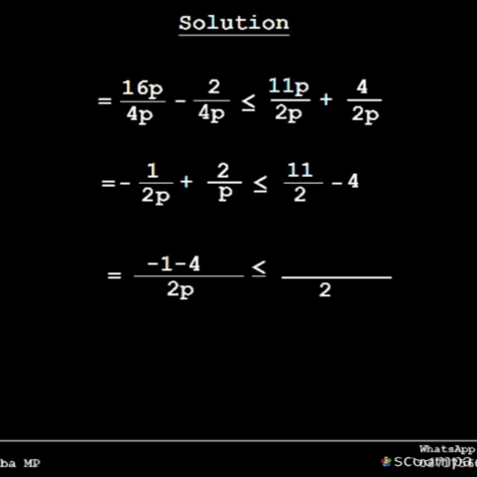After using 2 as the LCD to subtract 4 from 11 over 2, we will have less than or equal to 11 minus 8 all over 2. On the left-hand side again, we have minus 1 minus 4 and their answer is minus 5. On the right-hand side, we have 11 minus 8 and their answer is 3.